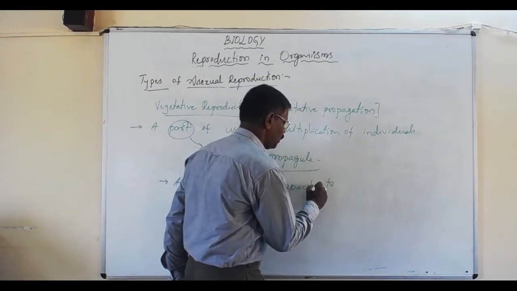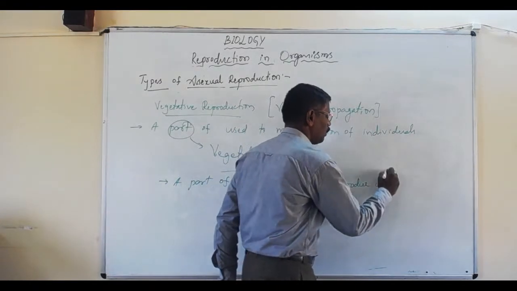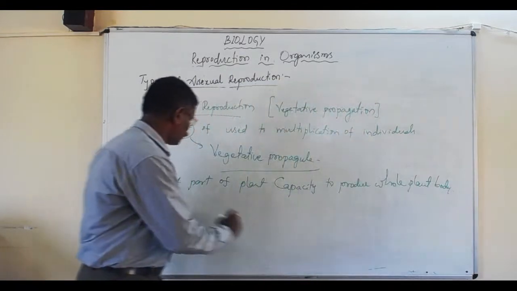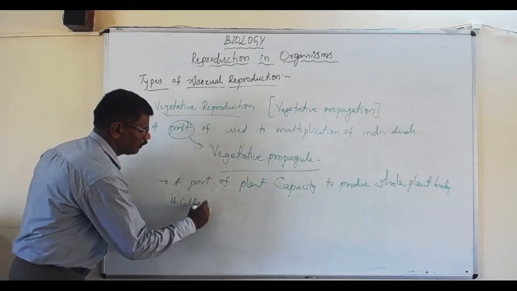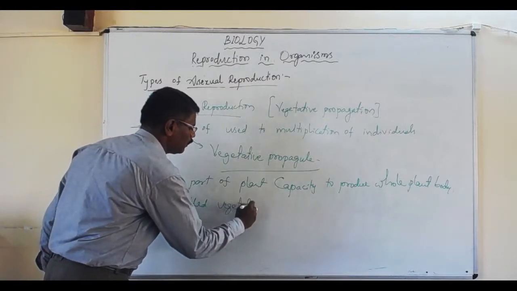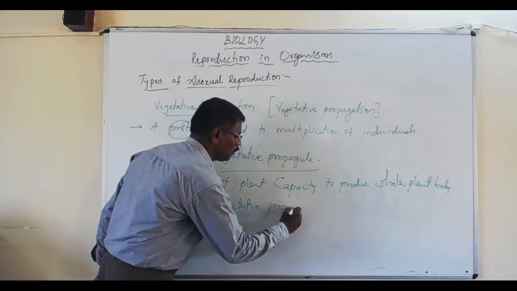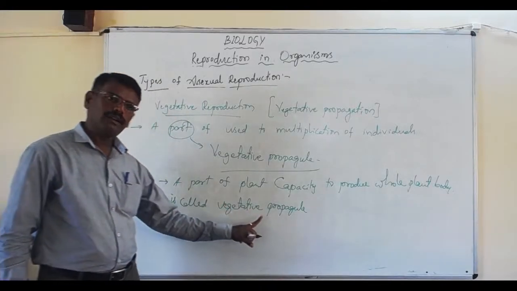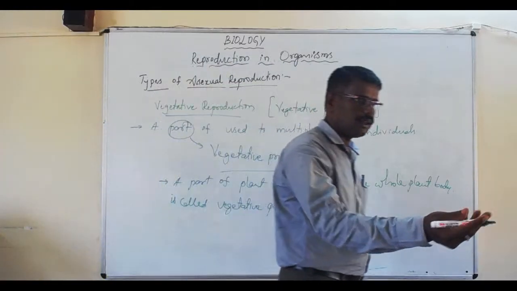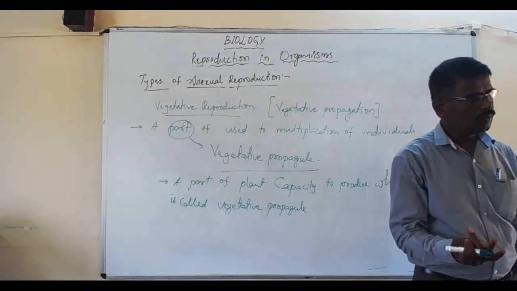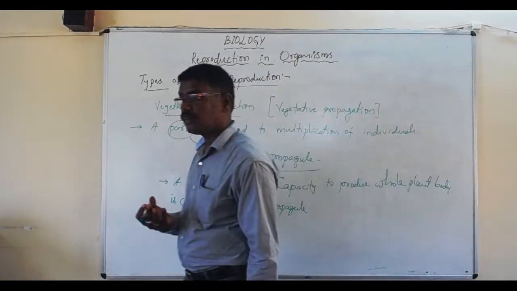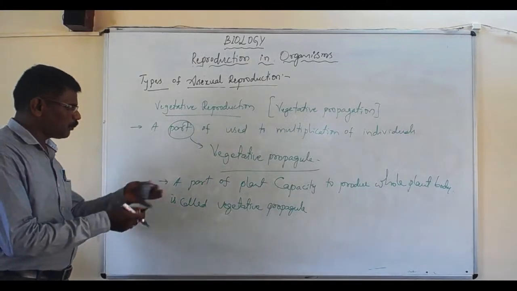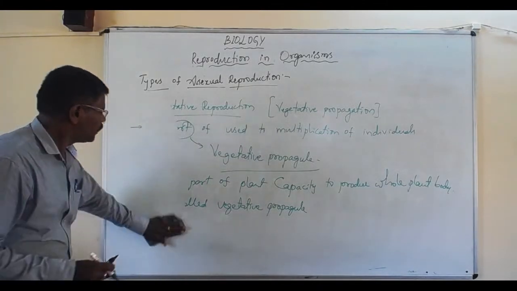Based on these vegetative propagules, it may be root, leaf, stem, or a different part of a plant, like bulbils. Got it? So we discussed the different types of vegetative propagation.